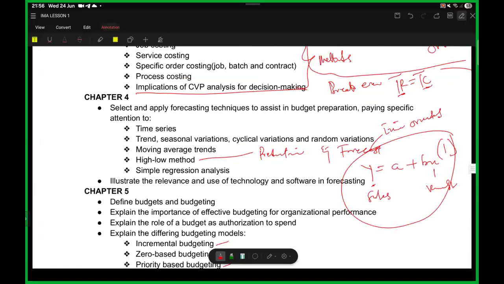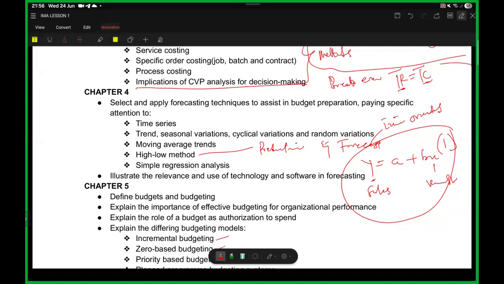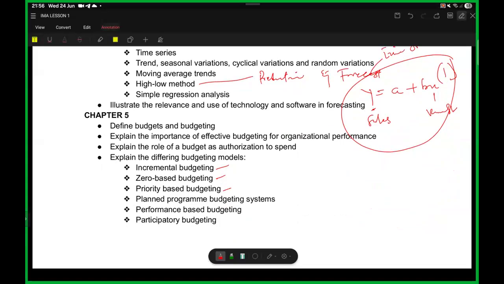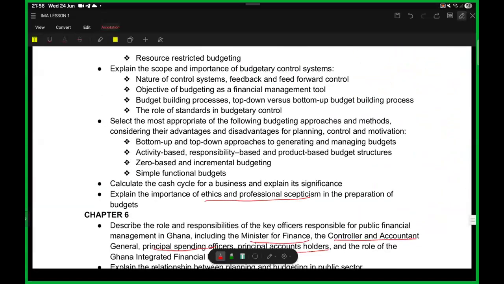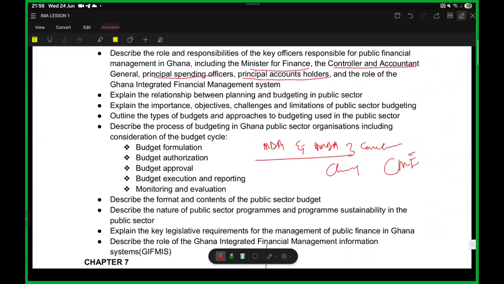But we've solved the question and treated that in class. So I would urge that in your revisions, you try and focus on the time series analysis as well. Then process costing, contract costing. Make sure you focus on it and be reading about this. They'll definitely bring it.